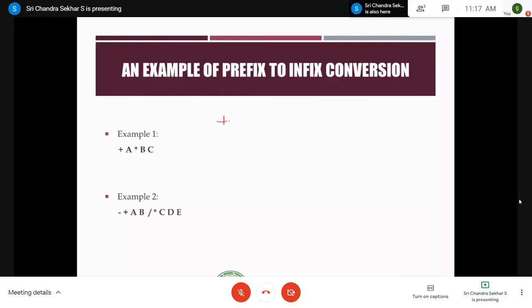The first example that is given, the prefix is plus A star B C. As a first step, you reverse the prefix expression to get the postfix. Reversing means go from the right hand side. It becomes C B star A plus. Now you apply the postfix to infix conversion algorithm. You take the stack.